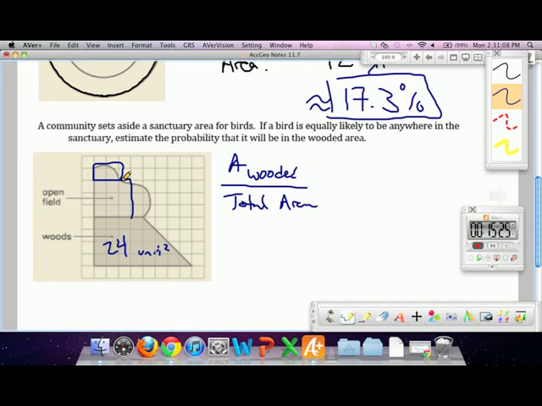This is, 1, 2, 3 and a half, maybe a little more than 4. There's an area of about a little bit less than 4.